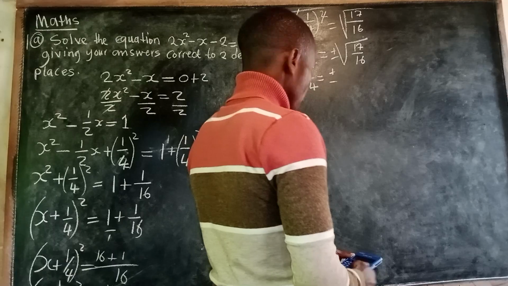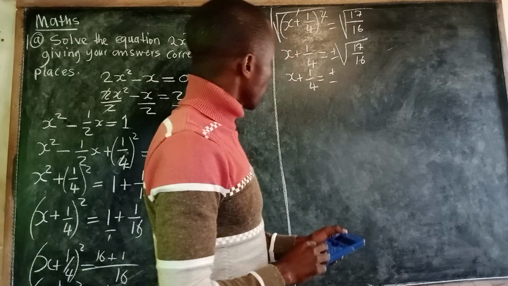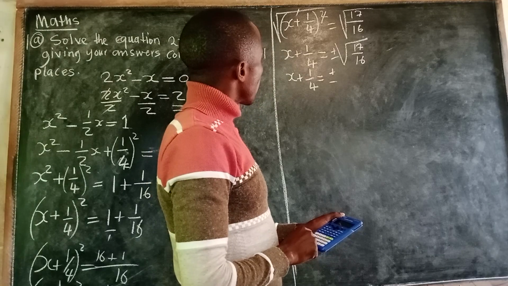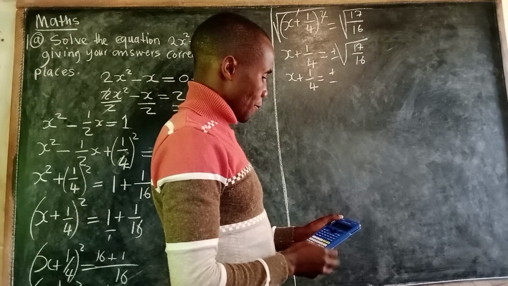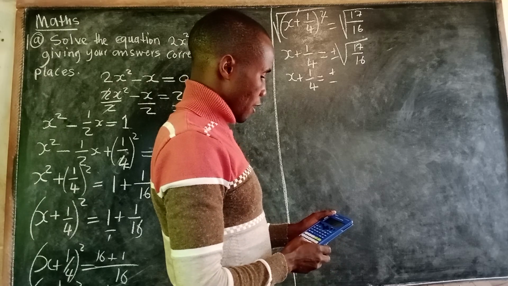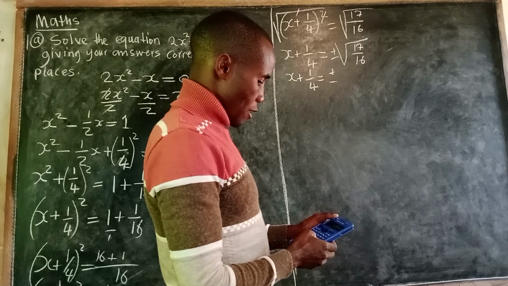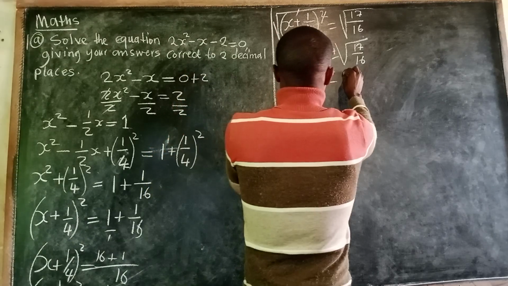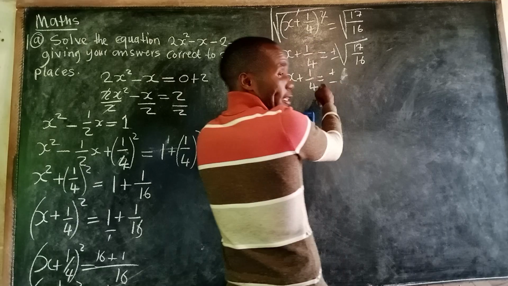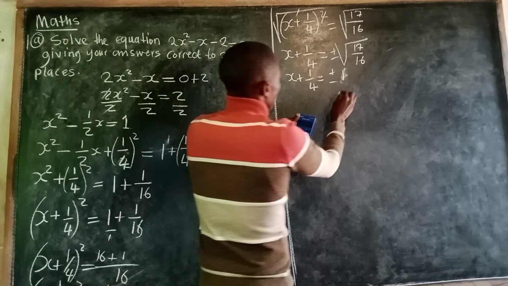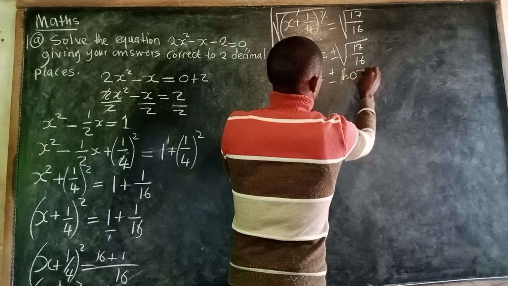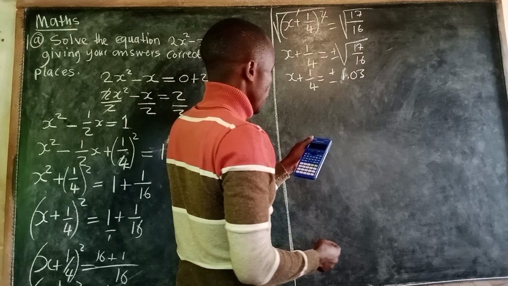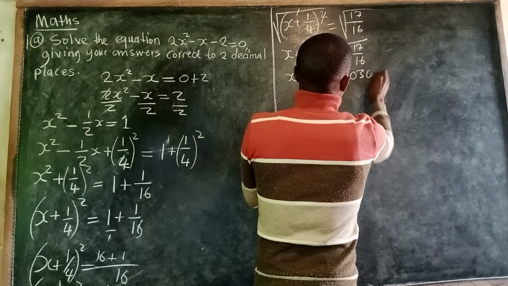The square root of 17 over 16, we have a calculator here. Remember, this is paper 2. You are allowed to use a calculator. So the square root of 17 over 16, 17 divided by 16, the answer is going to be 1.0307, or we say 1.0308.